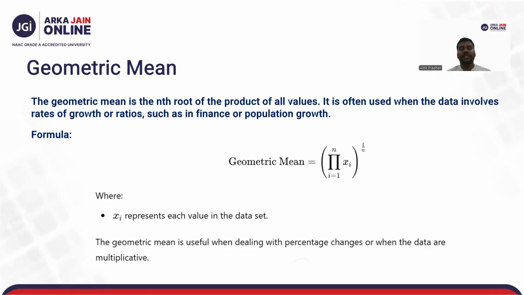Xi represents each value in the data set, and the overall product is raised to the power of 1 by n. So where can we use the geometric mean? When you are dealing with percentage changes, or when the data are multiplicative in nature, in that case we use the geometric mean.